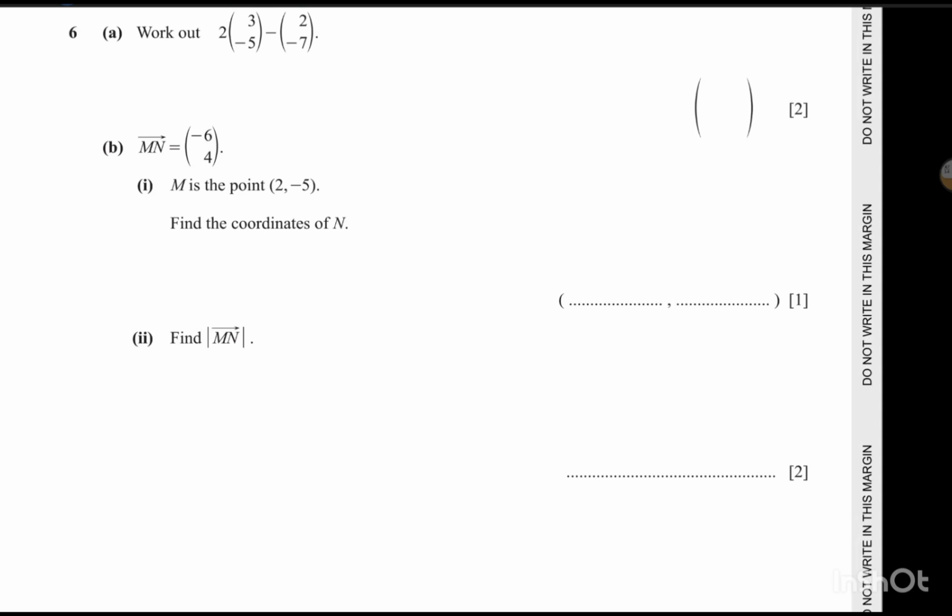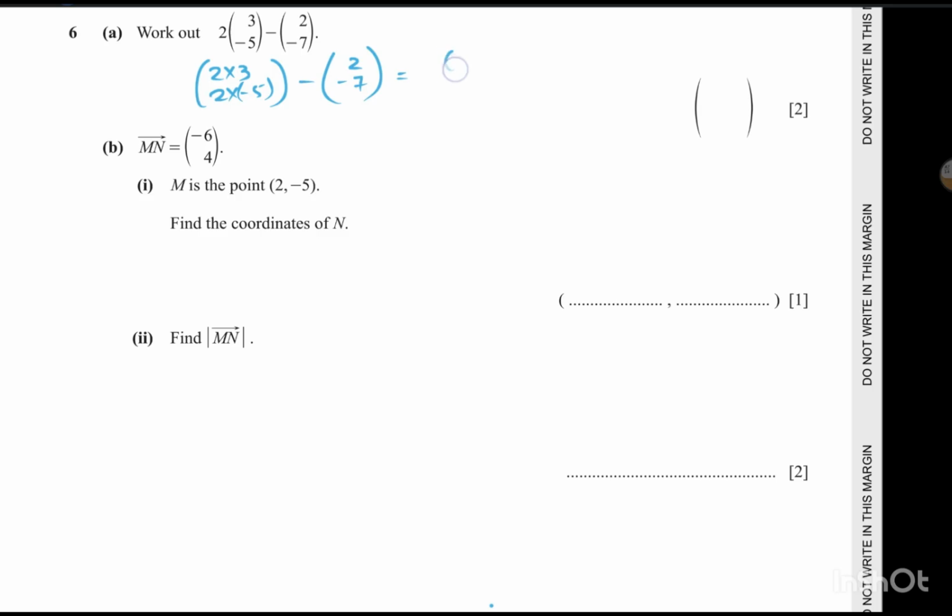Question number 6. Work out 2 into vector (3, -5) minus vector (2, -7). So 2 multiplied by vector (3, -5) will be 2 into 3 and 2 into negative 5, minus (2, -7).